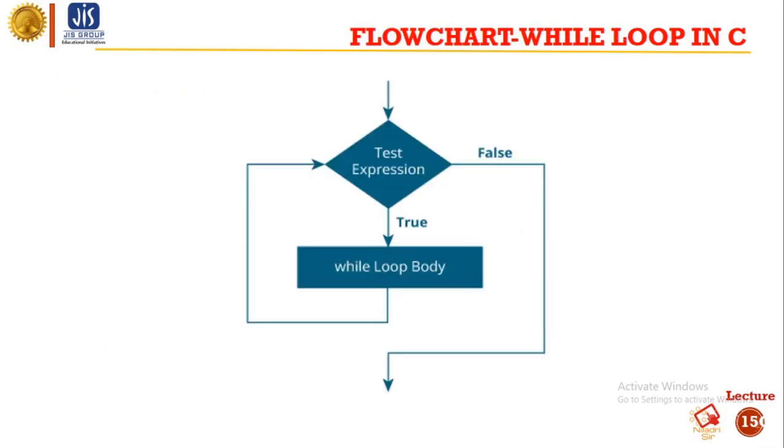So this is the flowchart for the while loop. You can see that there is a test expression. If this condition is satisfied, then it will go to the body of the while loop, and the statements within the while loop body will be executed.